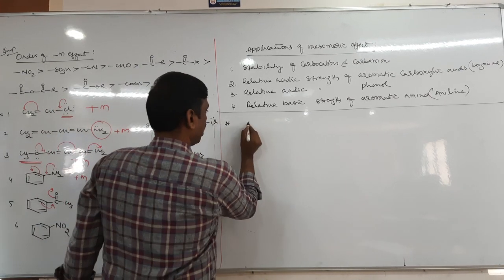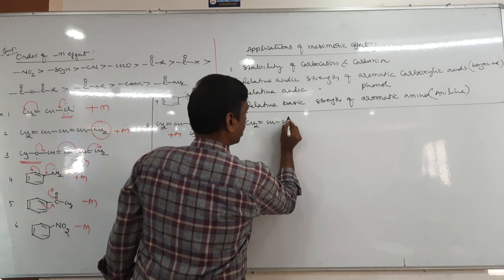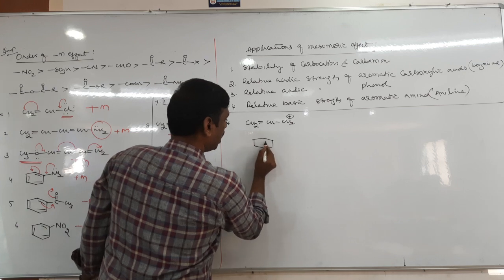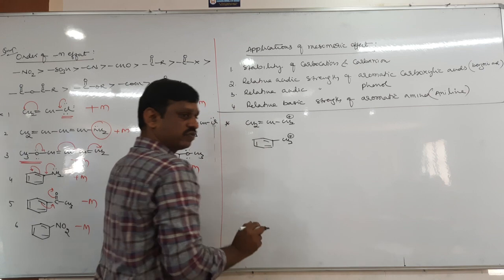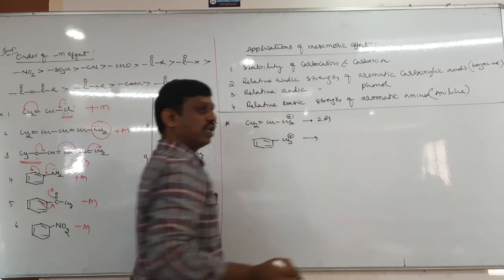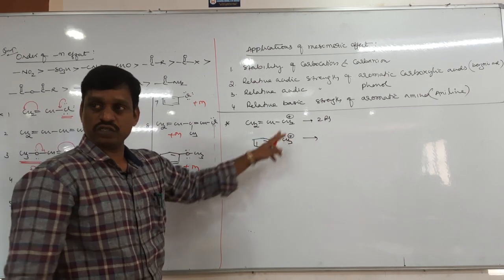Let's see first allylic carbocation. This is allylic carbocation and benzylic carbocation. So allylic carbocation can form how many resonance structures? Two, no? The number of resonance structures equals the number of conjugate positions. There are 2 conjugate positions, 2 RS.